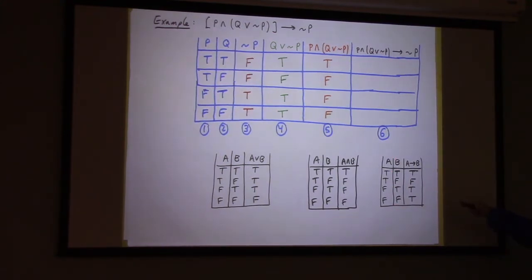The only way that we can get false over here is if we have true implies false. Here's a false. Do we have false implies true? No, false implies false, that's true. False implies true. Uh-oh, look at that. False implies true, false implies true. So the last 2 rows are this case right here.